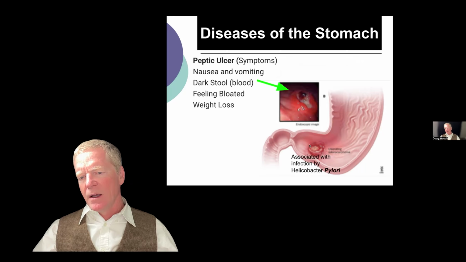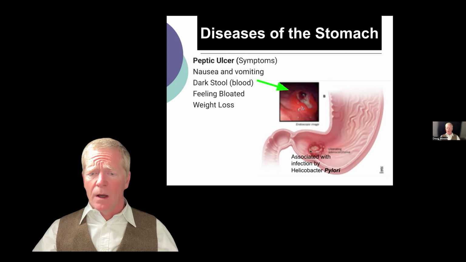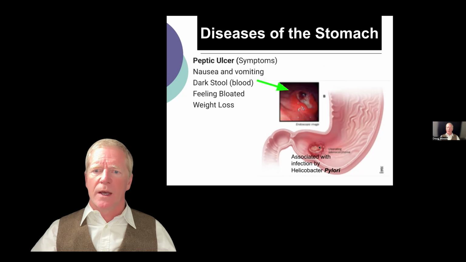Helicobacter pylori can live in the cells of the stomach lining and reduce their function, reduce their production of mucus. And when that happens, the mucosal lining can be eaten away over time. And when the mucosal layer is destroyed or damaged, then the acid can start to damage the stomach lining.